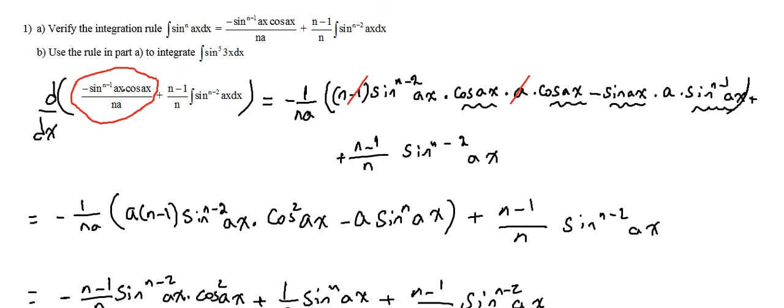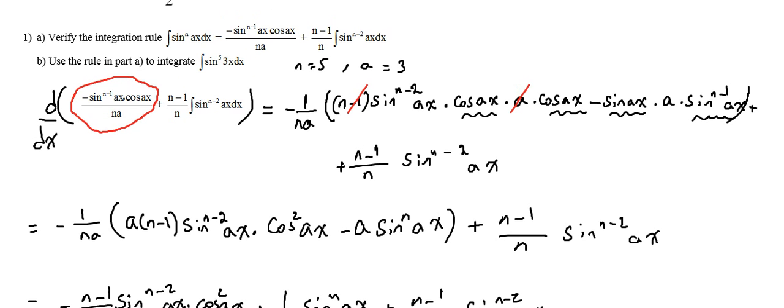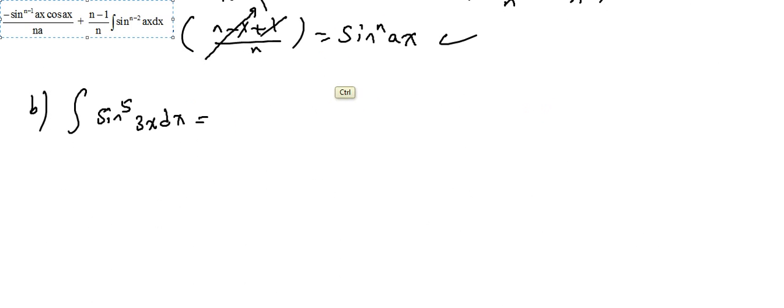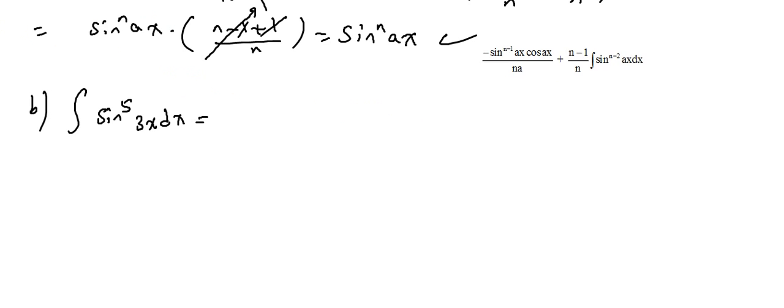Instead of here, simply 5, we consider it as n. n is equal to 5 in this case, and simply a is equal to what? a is equal to 3 in this case. And we just take what we got as an answer, and we substitute n as 5 and a as 3. Let's do it over here.